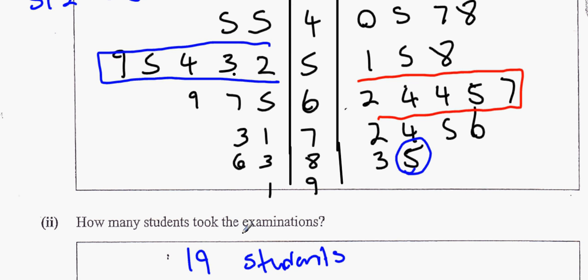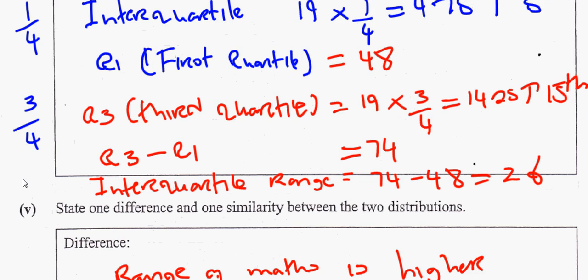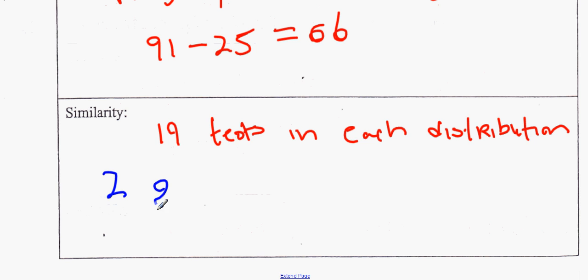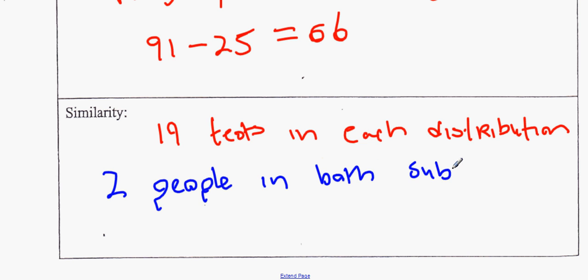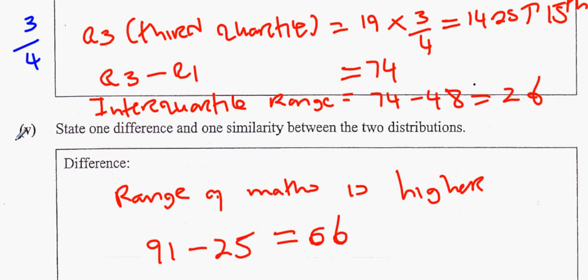So similarity, 2 people in both subjects got between 80 to 90 marks. Okay. It's between the 2 distributions, okay?